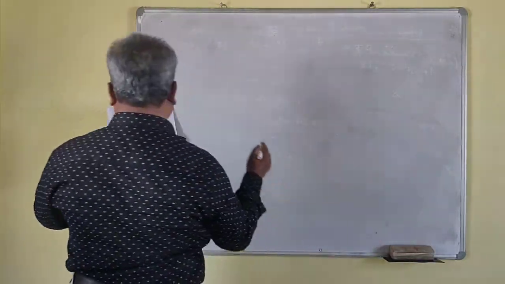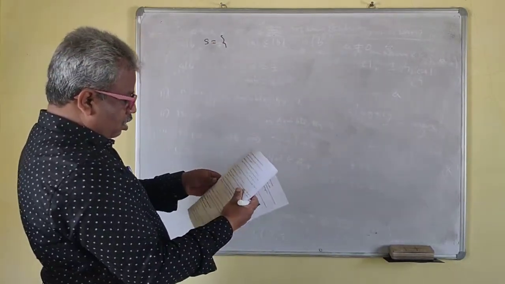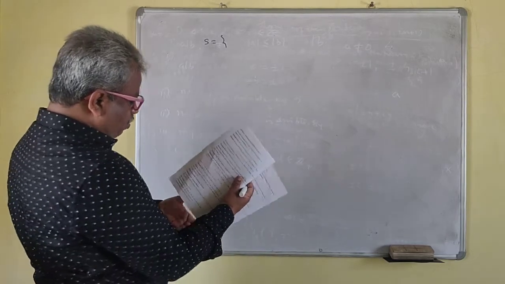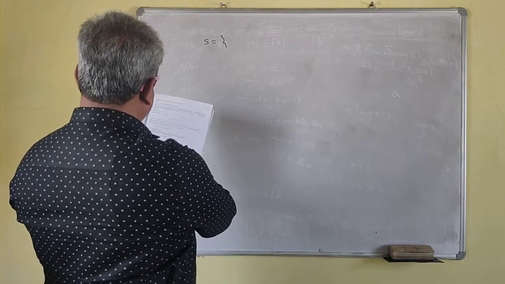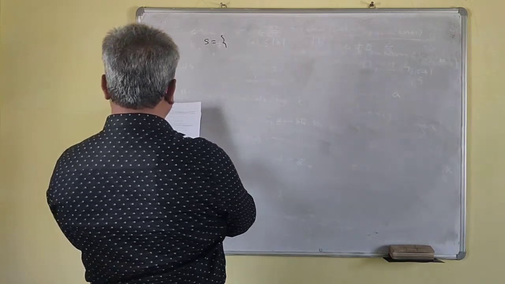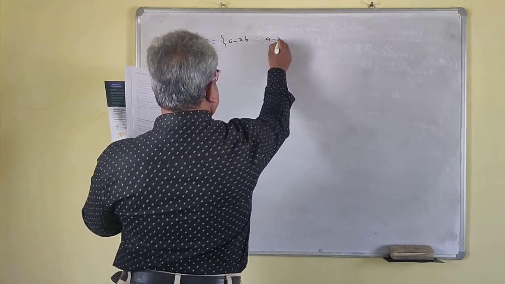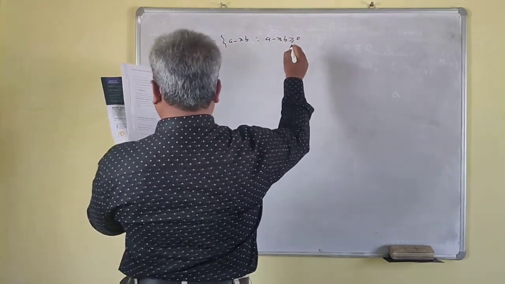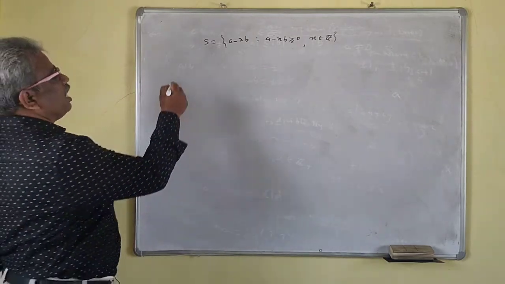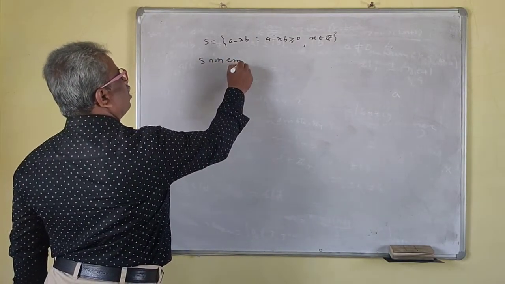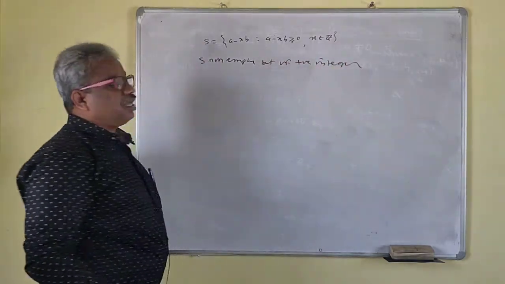Now in the proof of the division algorithm, you have seen a set like this: A minus XB is greater than or equal to 0, X belongs to Z, with A and B given. This set S is non-empty and consists of non-negative integers, because A minus XB is greater than or equal to 0.